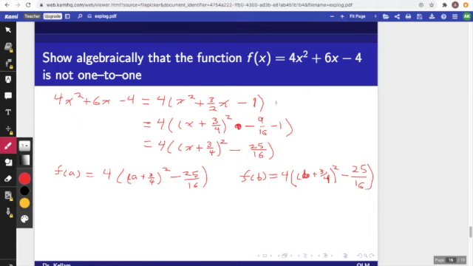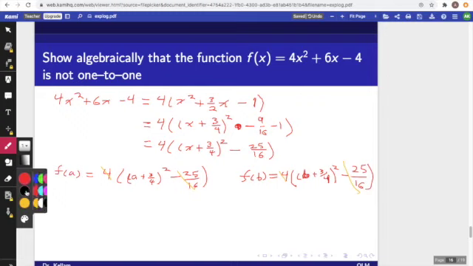Now, why might it be advantageous to start off this way? Well, first off, before I even write down anything, we're setting these equal to each other. That means that the 4's are going to cancel each other out, as are the 25/16.